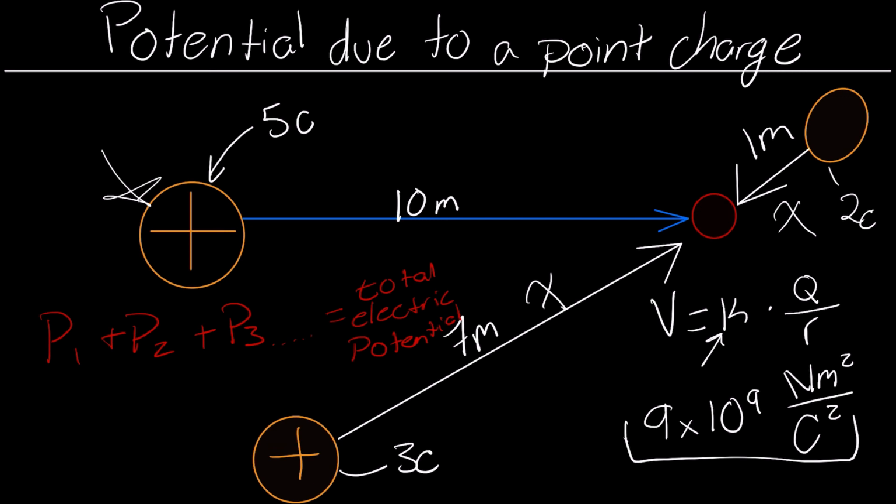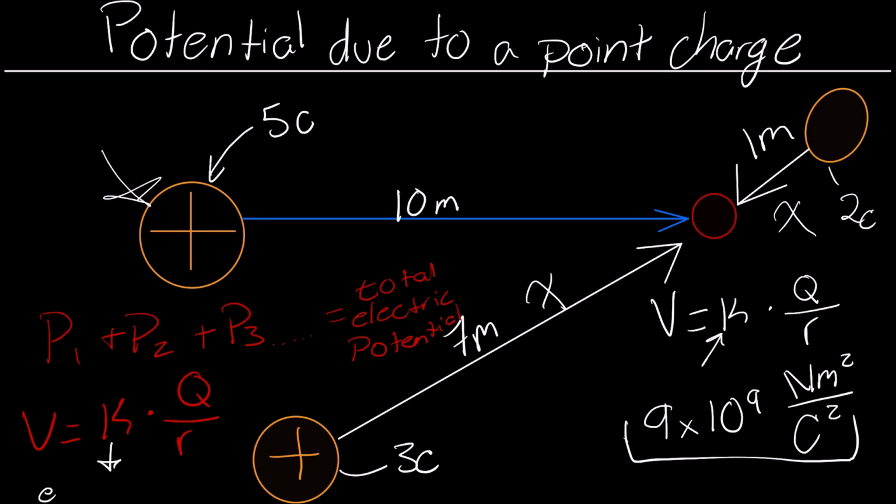I'm going to go ahead and write the formula down right here in red and in big, just so you guys don't forget. V is equal to K times Q over R. I'm going to add a little bit of subscript so you guys don't get confused with what each variable means.